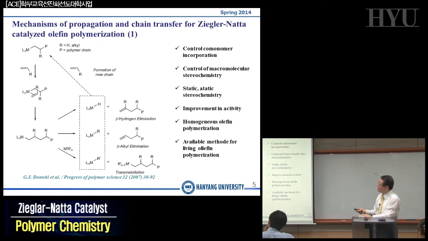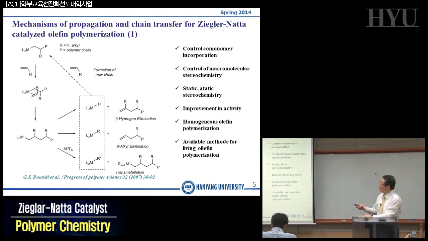You can functionalize them so that vinyl monomer could be added to become a big molecule by using some of the chemical mechanisms, such as beta hydrogen elimination, alkyl elimination, and transmetallation, so that you can form a new chain of the polymers. And this way, you can control any type of monomers.